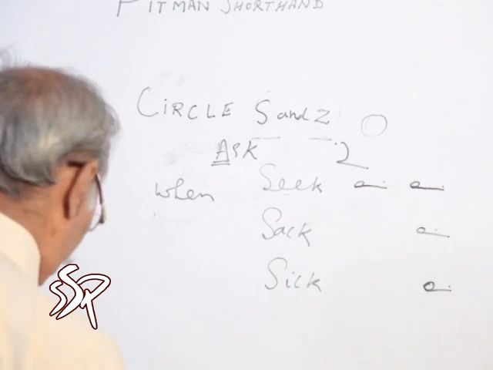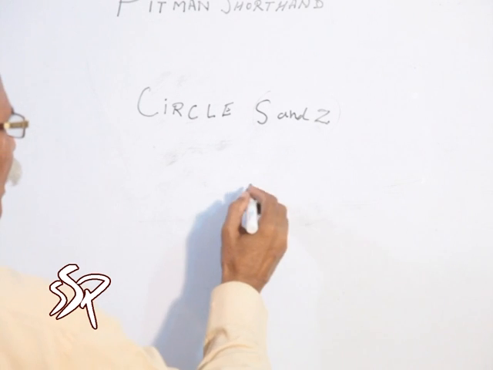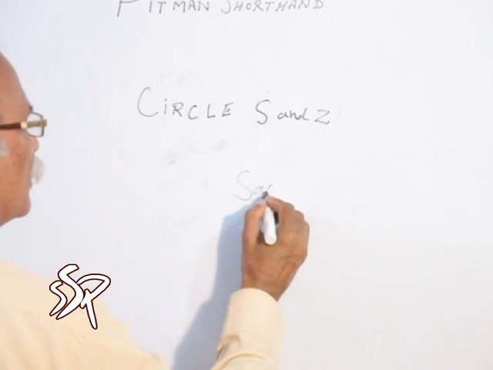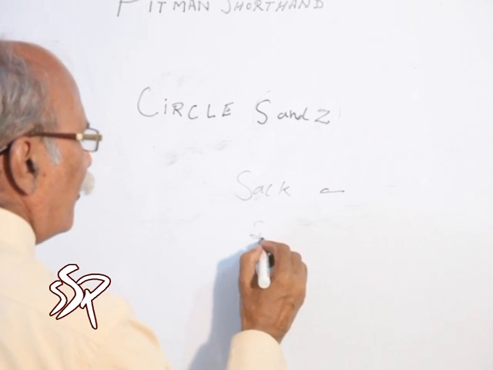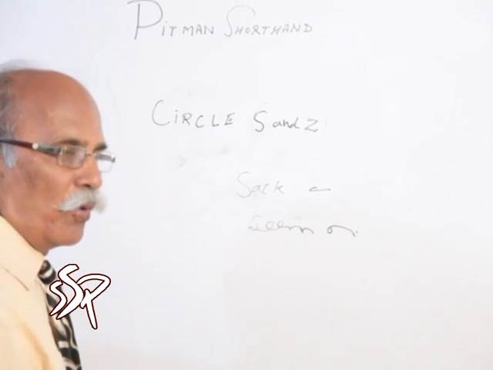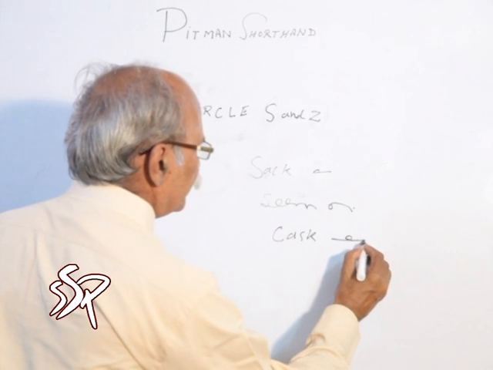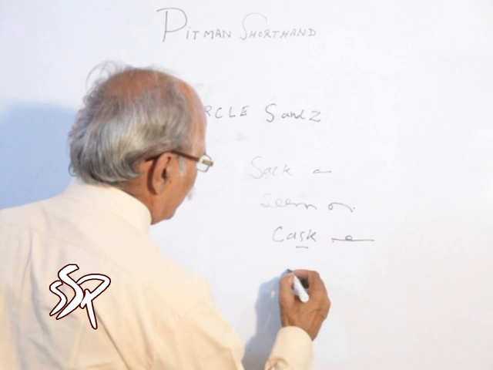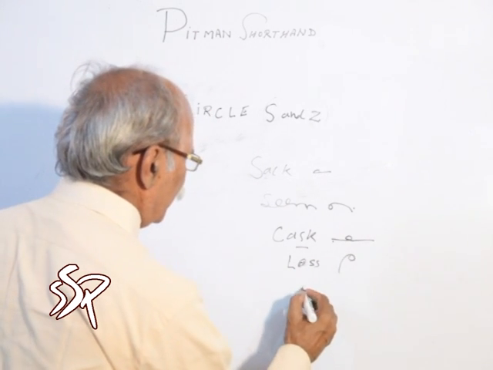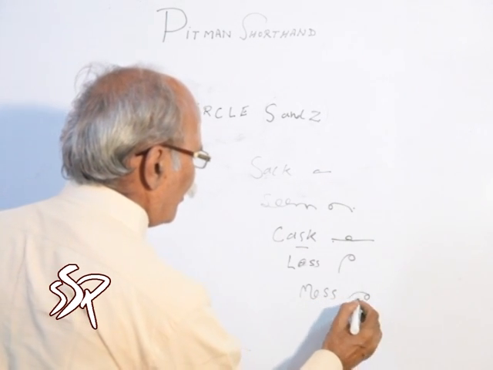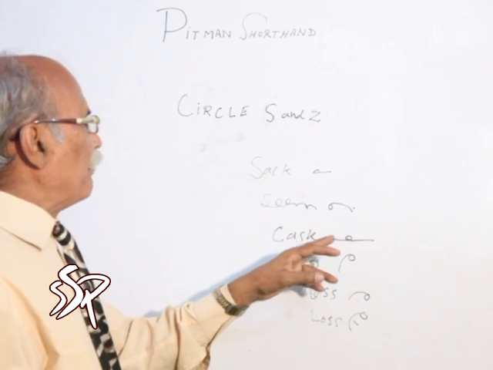So these are initial: sack, seam, cask. Cask is in the middle. Less, mess, loss become final.